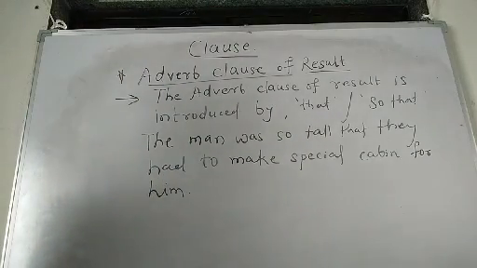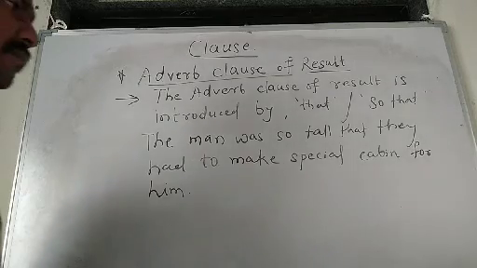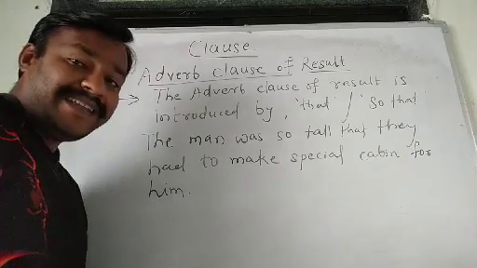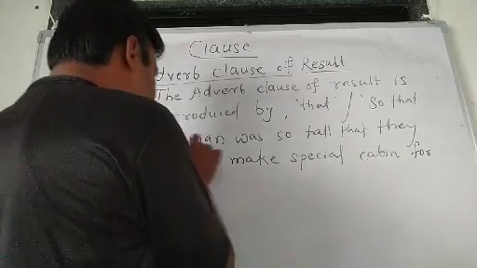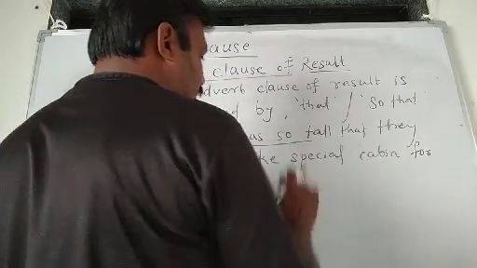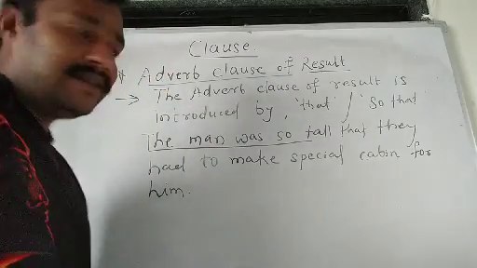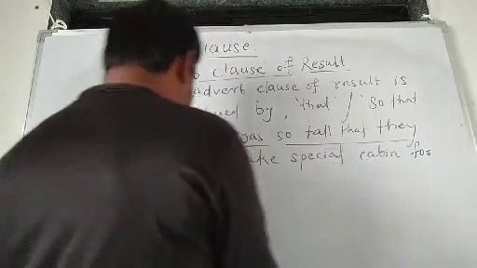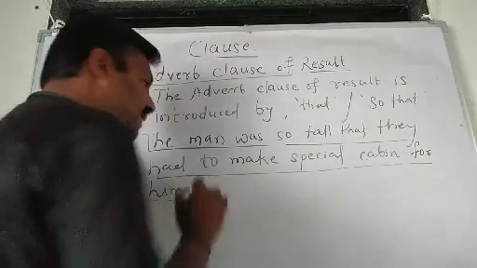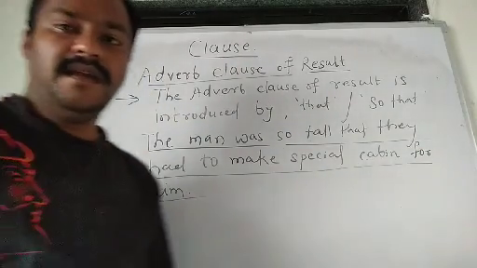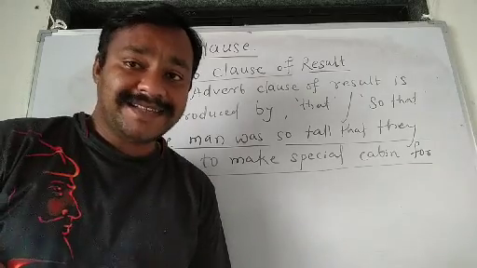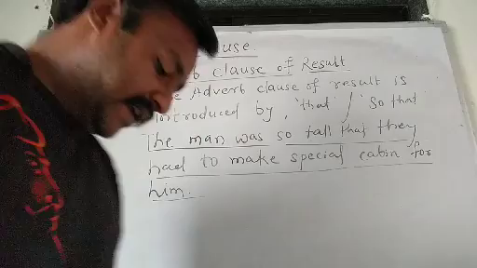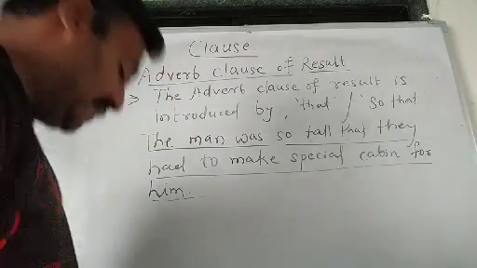Now here in this sentence, the people made special cabin, but why did they make it? The result of this main clause, man was so tall. Man was tall. That's why they had to make special cabin for him. The result of his height, due to his height, isn't it? So they made a special cabin for him.